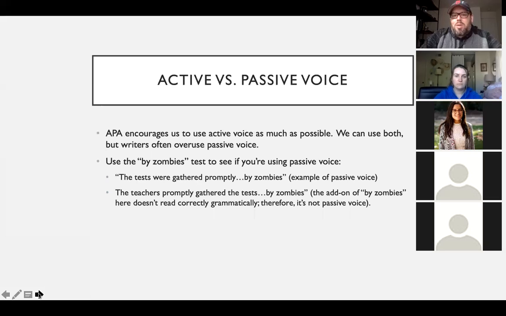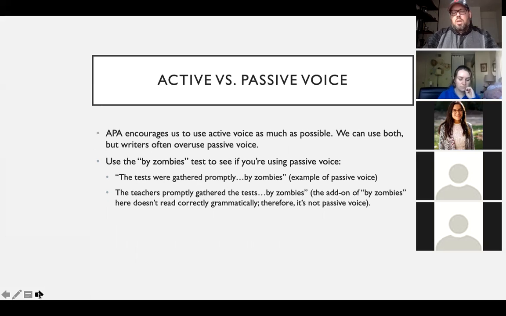Additionally, when you're thinking about your work, APA encourages us to use active voice as much as possible. We can use passive voice at times, but oftentimes writers overuse passive voice. And sometimes it's hard to figure out, am I using active voice or am I using passive voice?